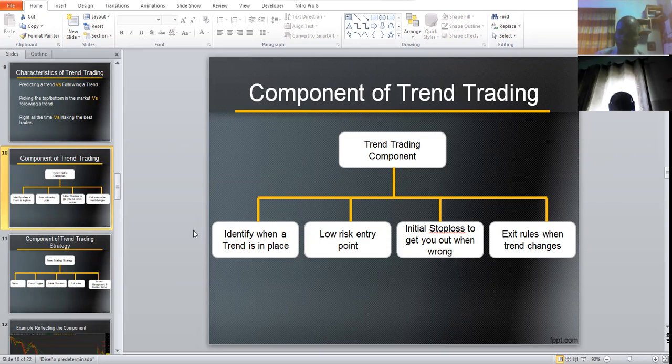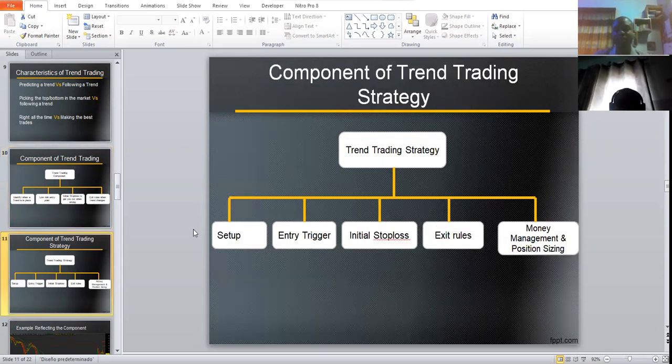When you are wrong, you're able to determine, okay, this is the initial stop loss. At this point, I am wrong, because there's a rule that you're going to follow. There's an entry rule and there's an exit rule. You understand?